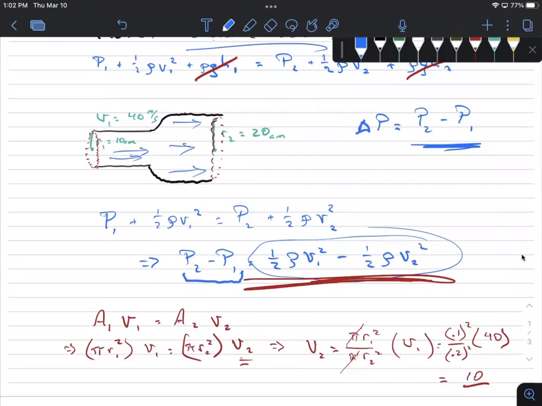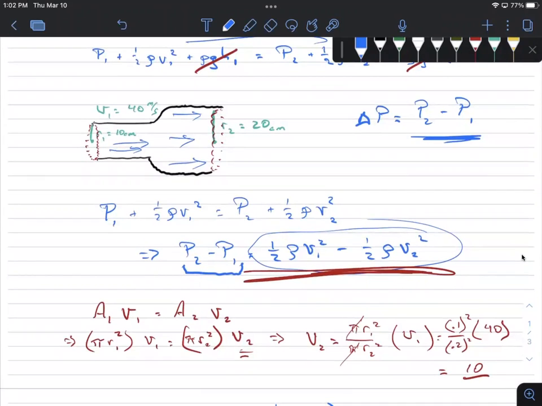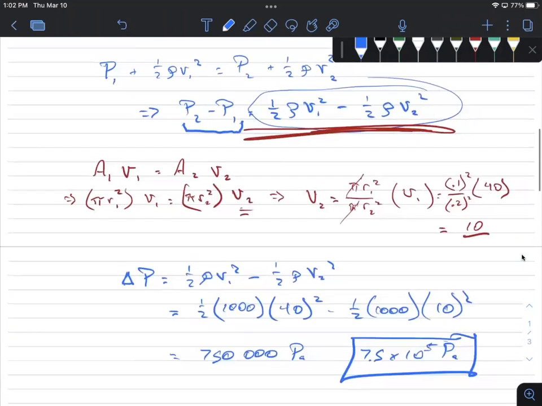Well, just as I said before, if the speed goes down, the pressure has to go up. And if the speed went up, the pressure went down. Here, I'm told the speed went down because I expanded the pipe. And so since the speed went down, I expect the pressure in the second part to be bigger. And that's why I have a positive answer.